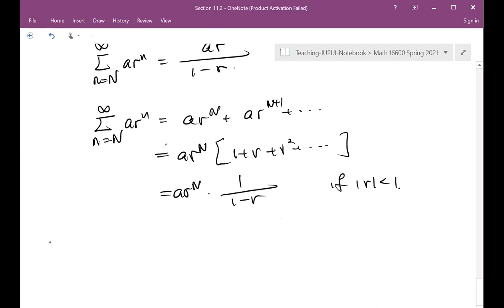Okay, so let's take a look at the next problem. This is number 24 from the book. n starts from 0, 3 to the n minus 1, and negative 2 to the power n.